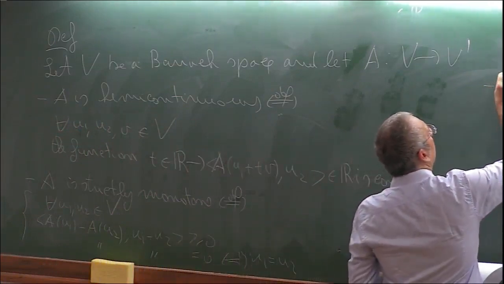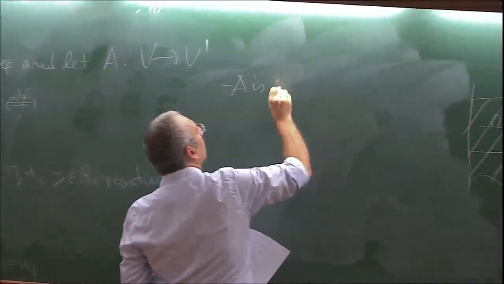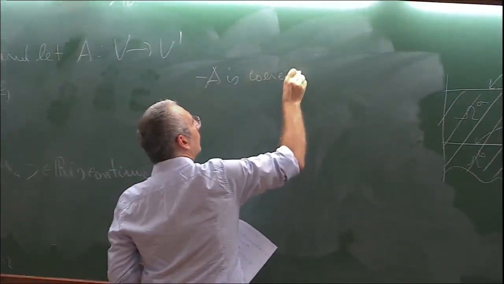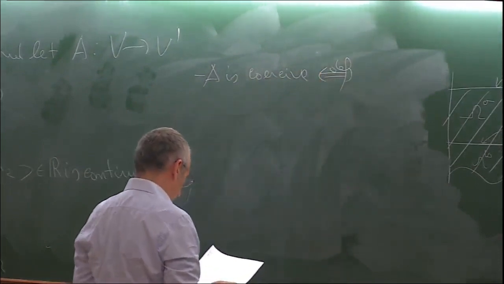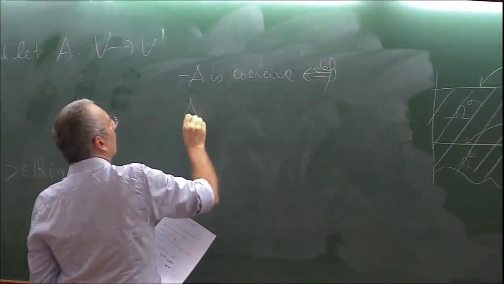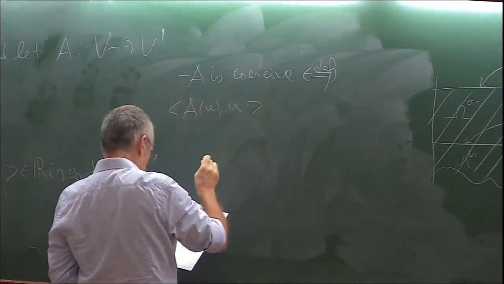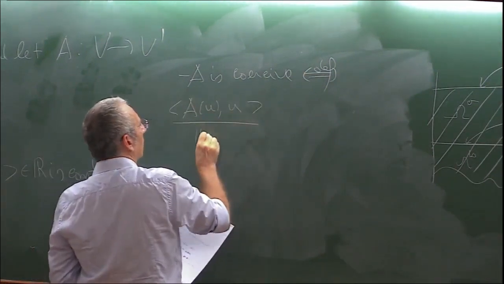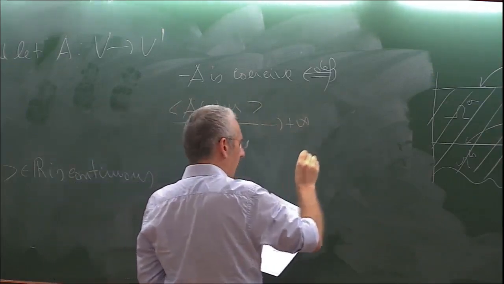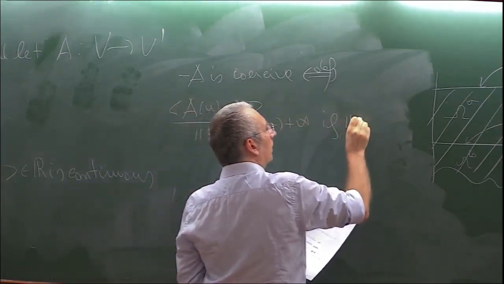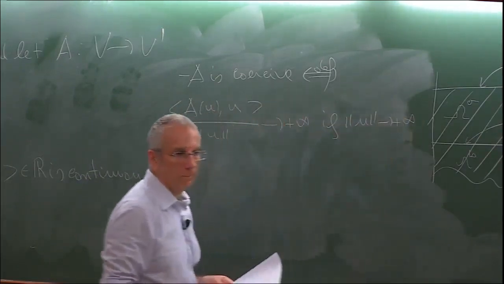Moreover, we say that A is coercive if and only if the pairing of A u with u, divided by the norm of u, goes to plus infinity if the norm of u tends to plus infinity.